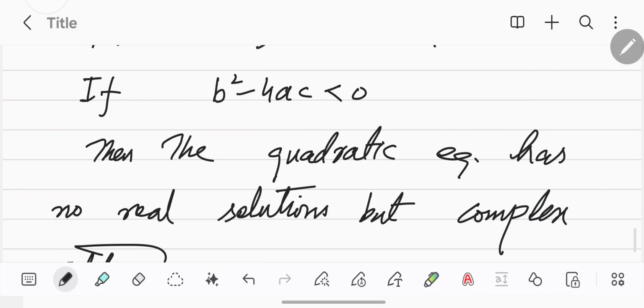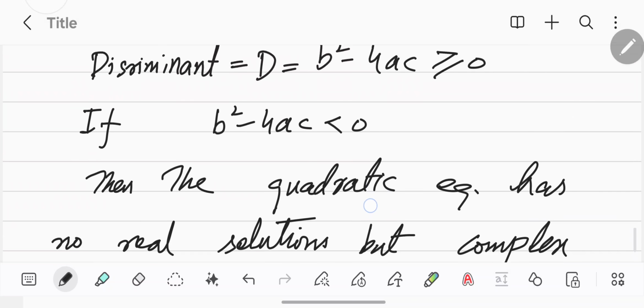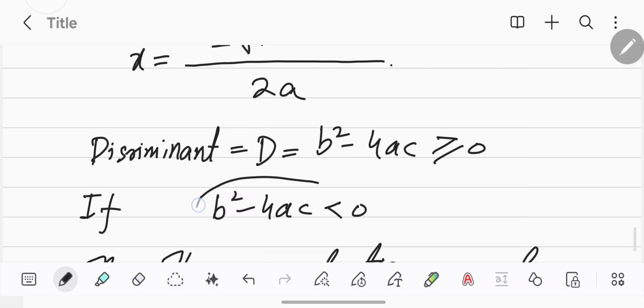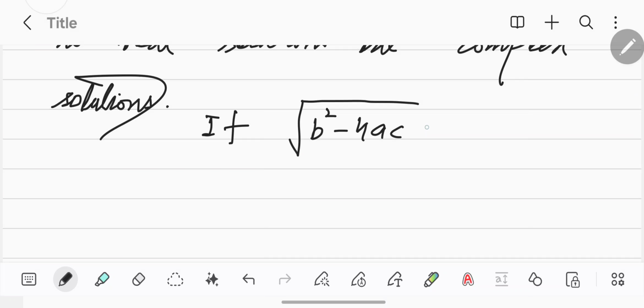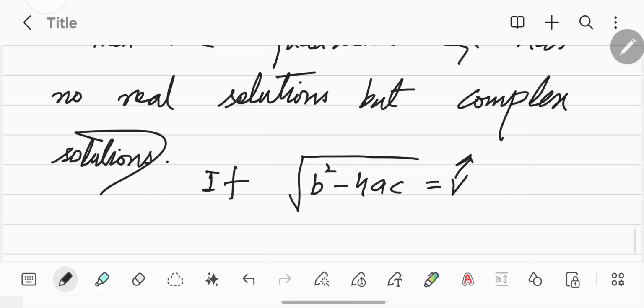Okay, so this is the case. So we consider that this is a real number. If we consider its square root is v, if the square root of b square minus 4ac is a complex number v, and v is now a complex number. Why is it a complex number?